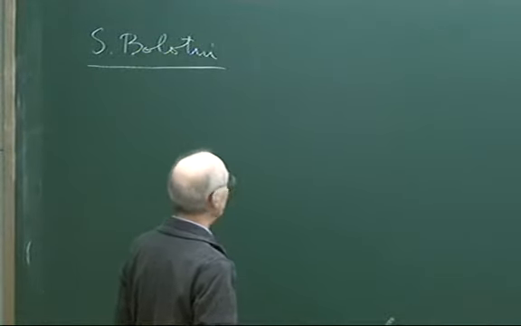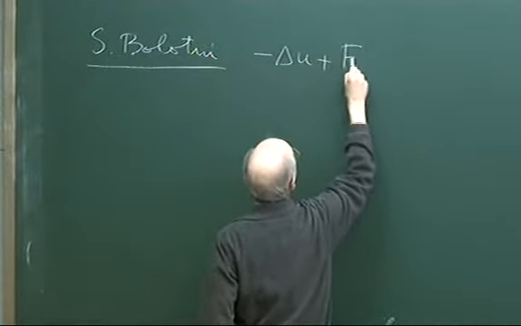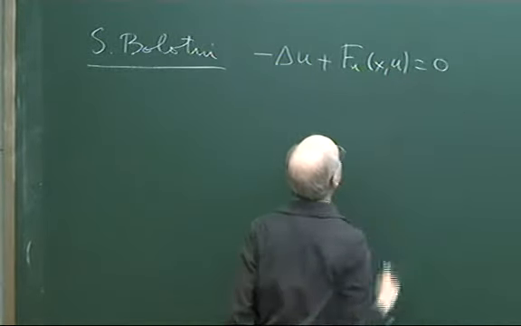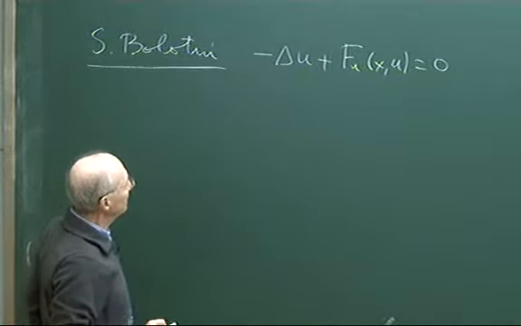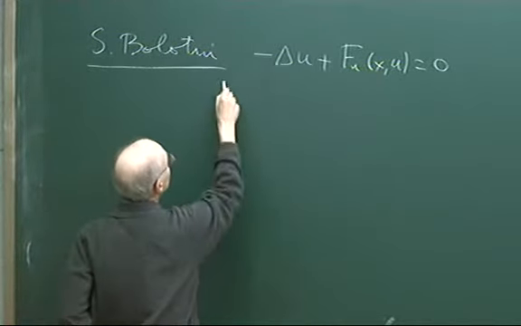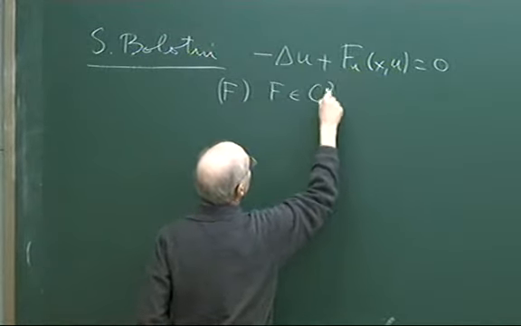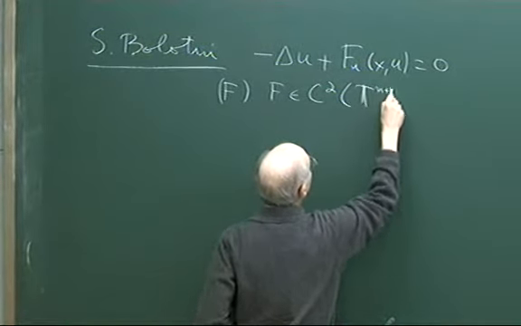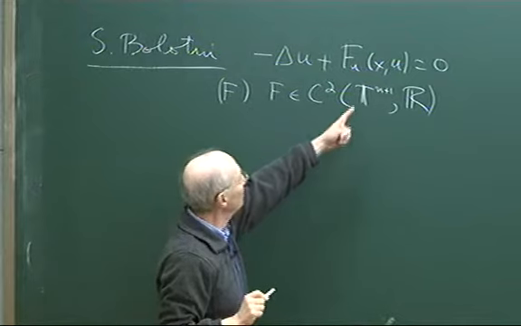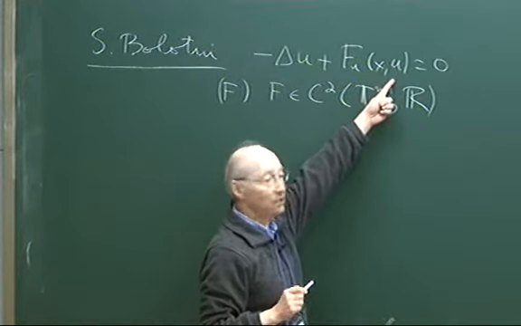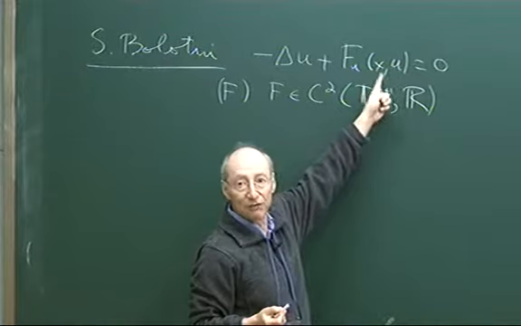So the model case we're going to look at is the following. This is a PDE on R^n, and the function f will be assumed to satisfy, I'll call it condition F: f is C2 from R^(n+1) into R. By this I mean, well, x lives in R^n and u is a scalar variable, and f is assumed to be, say, one periodic in each of its arguments.